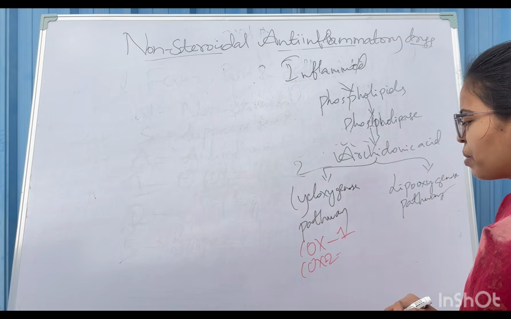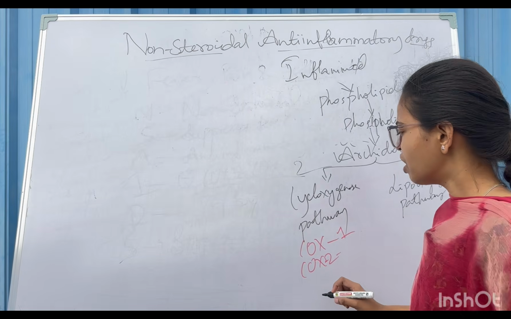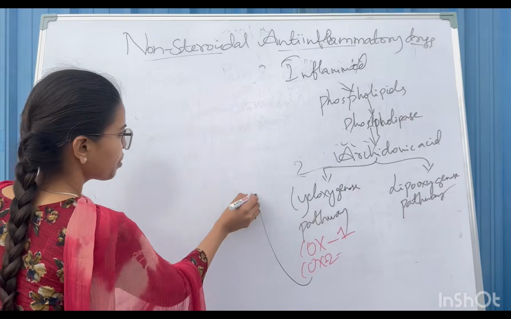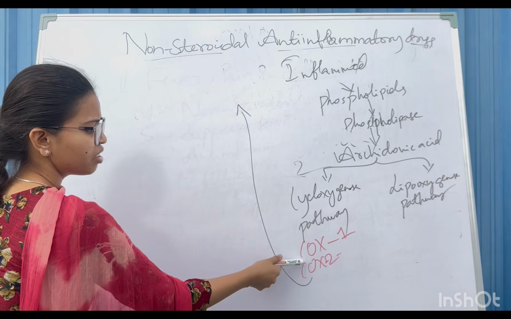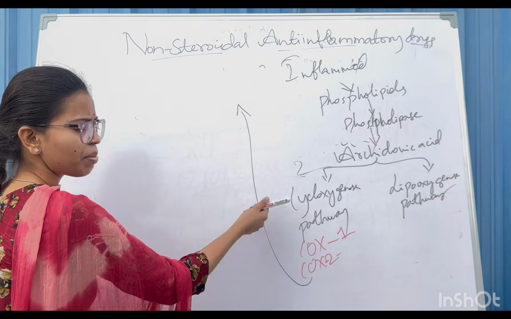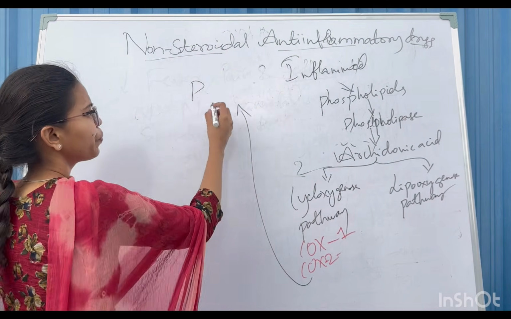What will happen next after the secretion of these enzymes? The cyclooxygenase pathway leads to the formation of prostaglandin G₂.